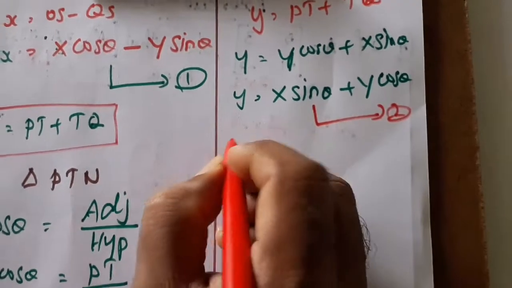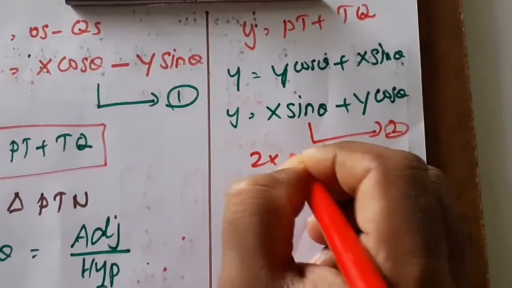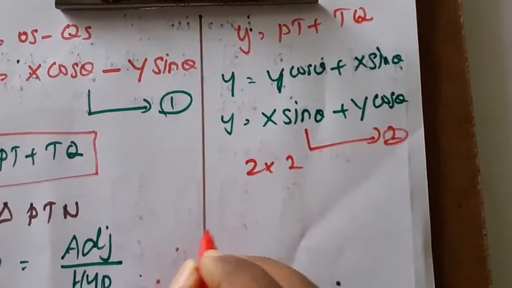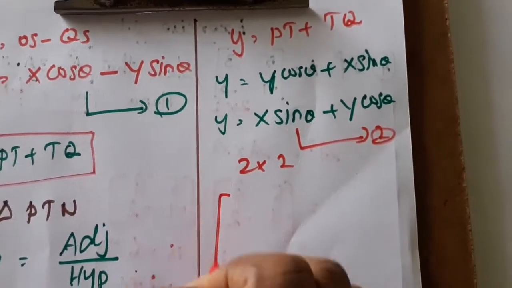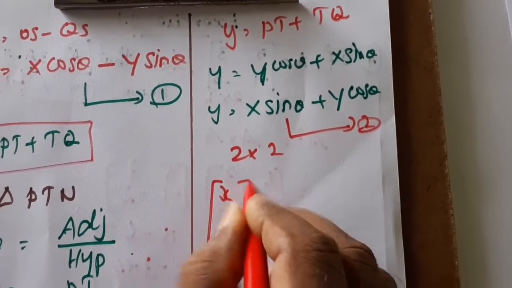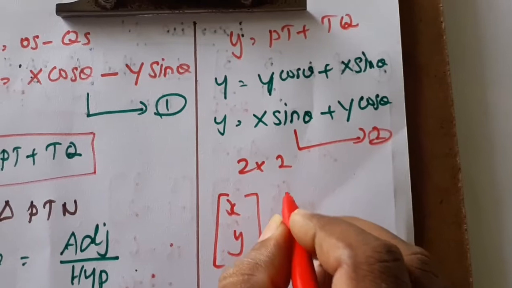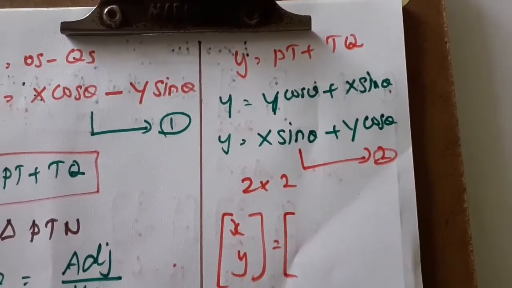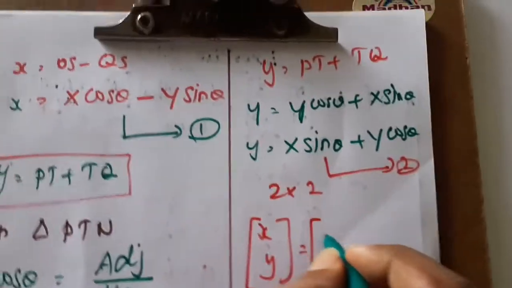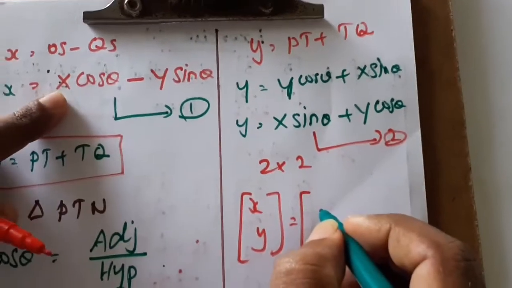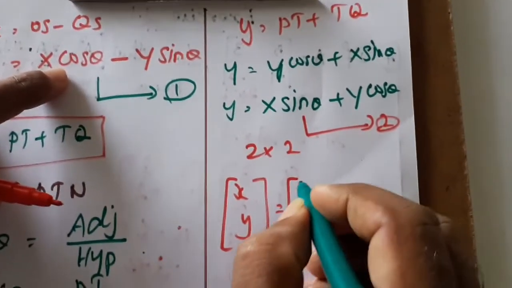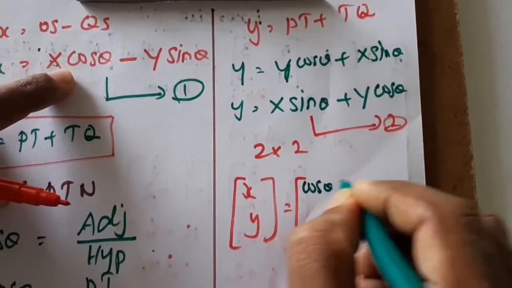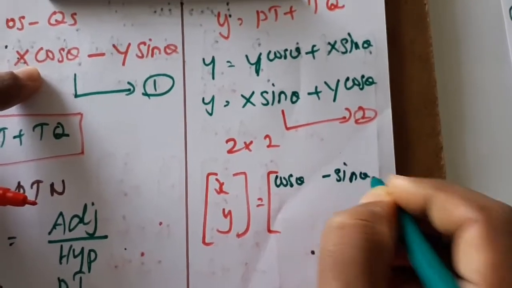Now we can write equations 1 and 2 in a 2 into 2 matrix set. Small x, small y is equal to, what is equation number 1? Small x in the 2 into 2 matrix means cos theta, minus sin theta.